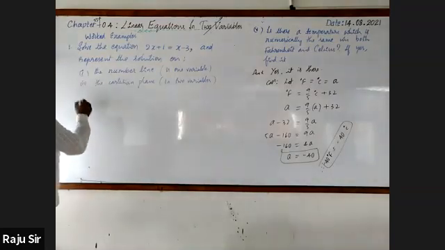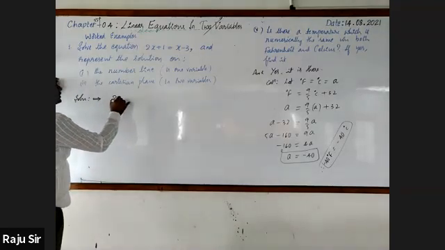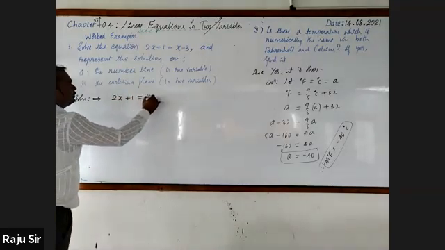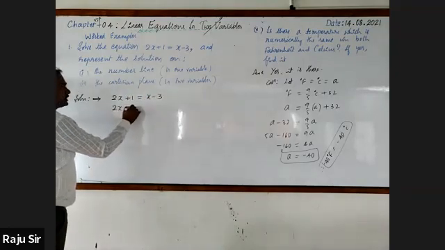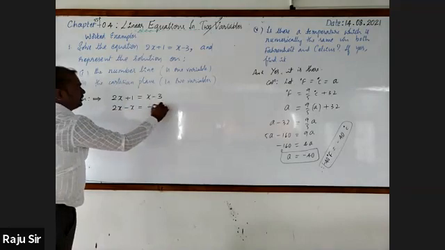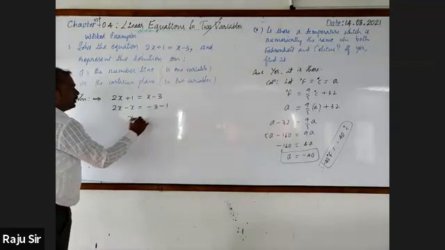That's right. First, let us go for solving. Write the given equation as it is: 2x plus 1 equal to x minus 3. Transfer x to the left hand side: 2x minus x equal to minus 3 minus 1. 2x minus 1x is 1x.